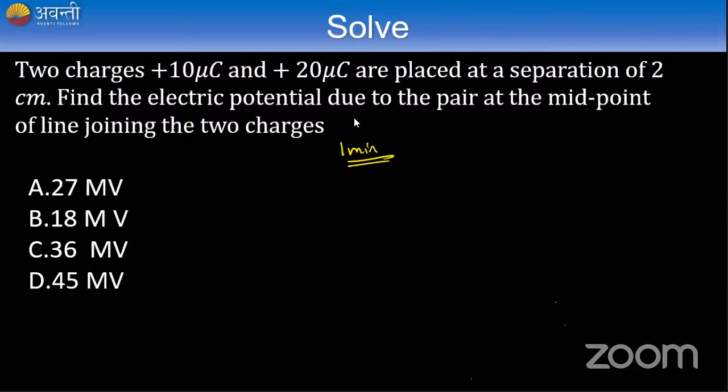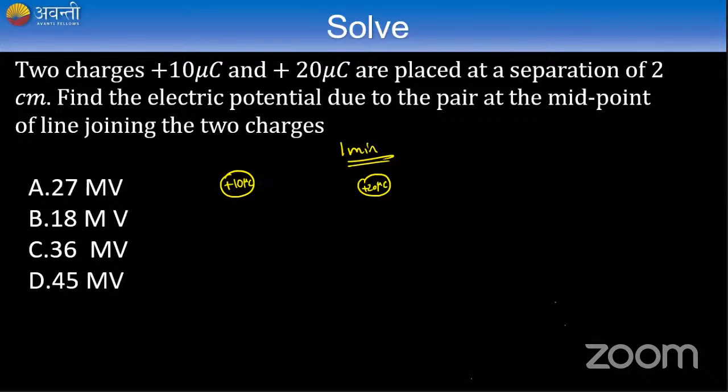So what's given here? There are 2 point charges. One is plus 10 microcoulomb, and the other is plus 20 microcoulomb. The two charges are placed at a separation of 2 centimeters.